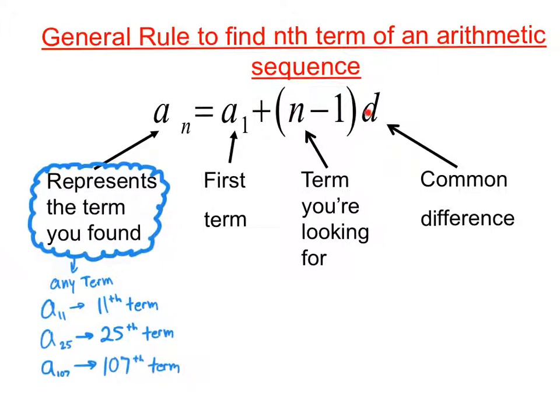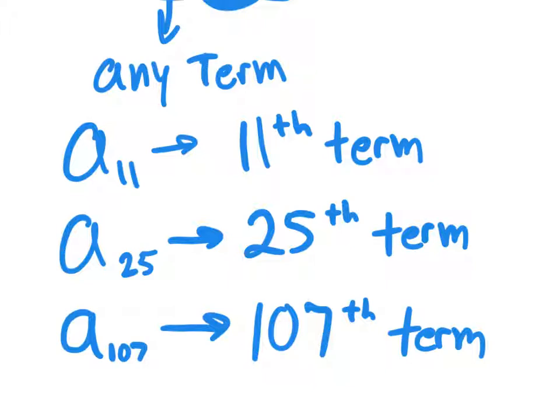And D is what we've been doing, common difference. And how do you get D? You take a number and you subtract the number right before it. That's the common difference. So you take all these numbers, you plug it in, and it'll give you the equation that'll produce any number you want. The 53rd term, the 70th term. So again, A sub n simply represents any term. A sub 11, that would mean the 11th term. A sub 25, that would mean the 25th term of your list.